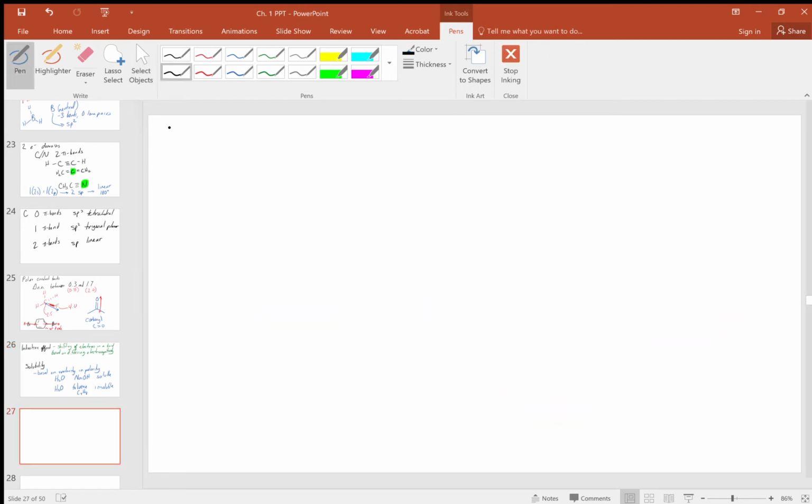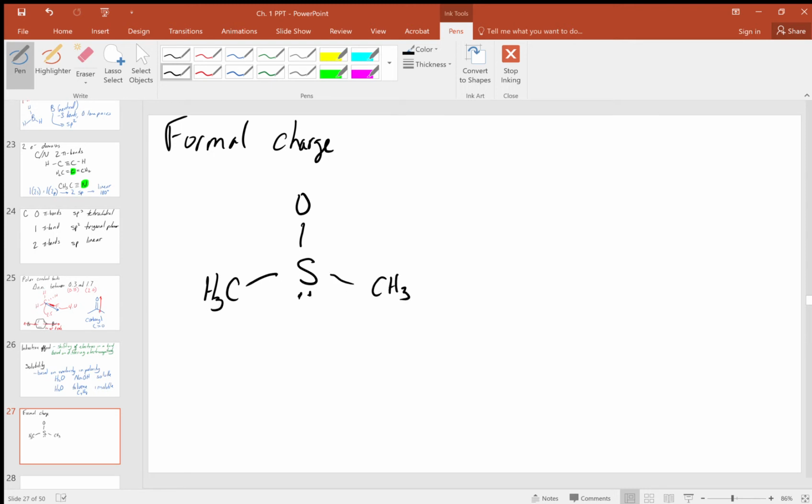Alright, now I also want to review the calculation of formal charge. So this should be something we learned in general chemistry. But when we're drawing a Lewis structure, for example, this one, how do we know where to put the charges?